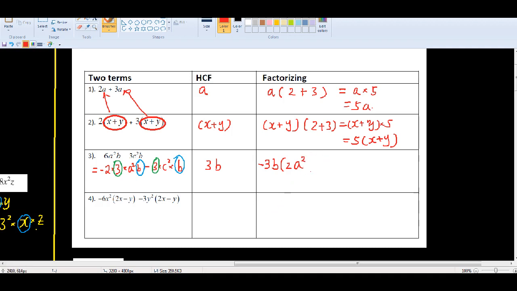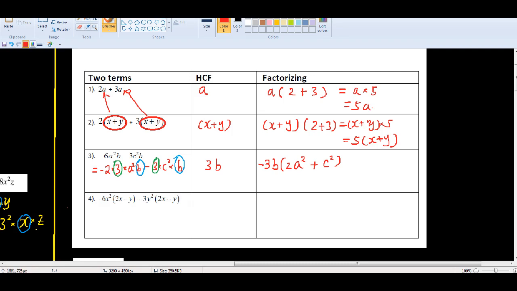And for the second term, it becomes plus c squared. Because the HCF now you make it negative, and both terms are negative, when you divide a negative term, it becomes positive, right?